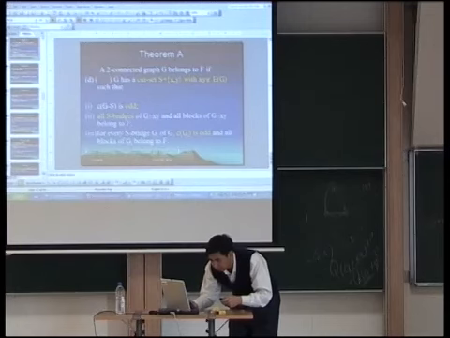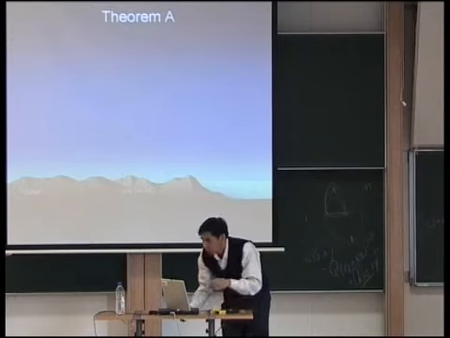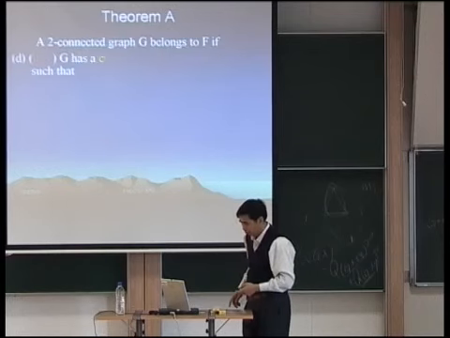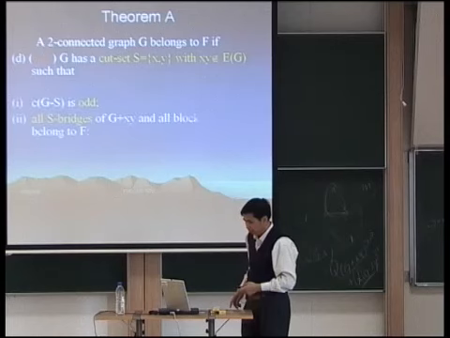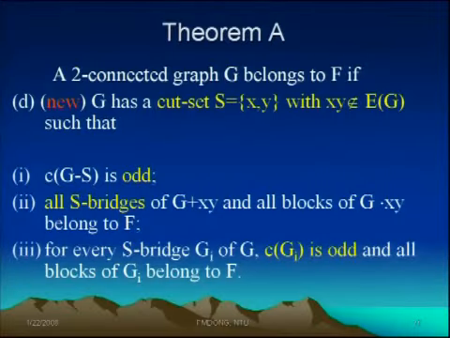So, is an S-bridge not necessarily connected? No, in the example he gave, remember the third of his S-bridges had one of the two vertices isolated. The S-bridge must be connected. No, the S-bridge of G plus XY will be connected, but the S-bridge of G might not be connected.